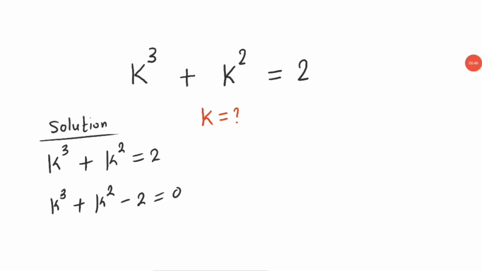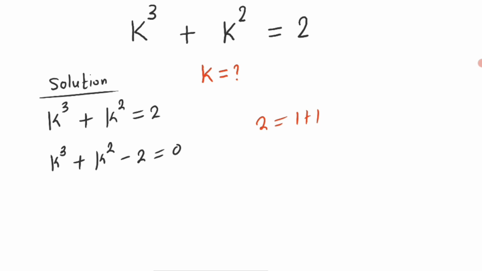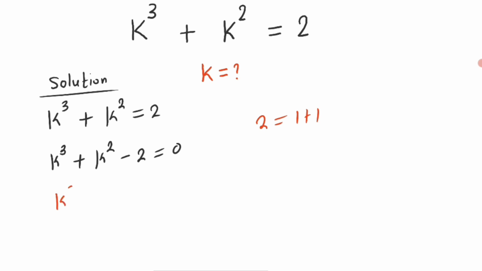Take note of this, that if you have 2, this is equal to 1 plus 1. Then this can be written as k raised to power 3 plus k square minus 2, written as 1 plus 1, is equal to 0.